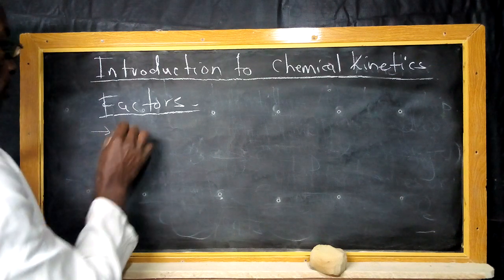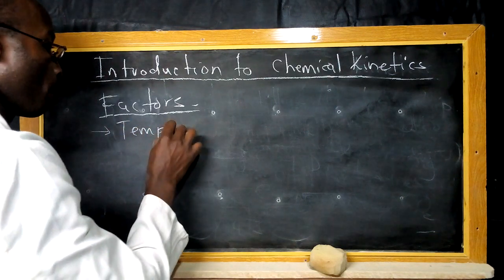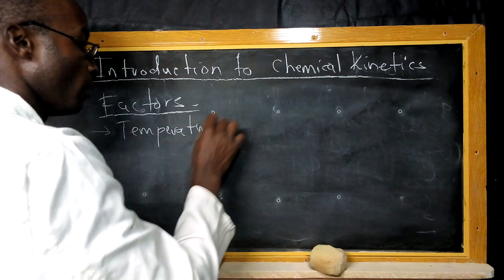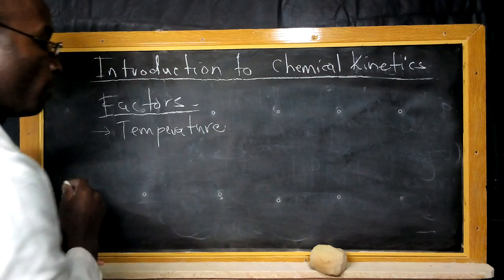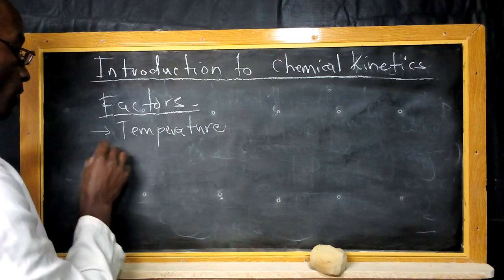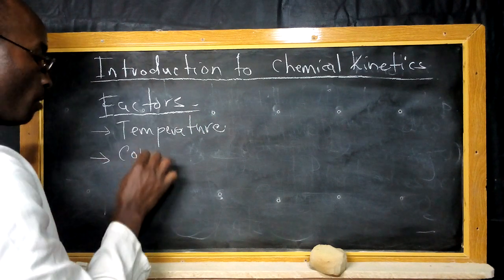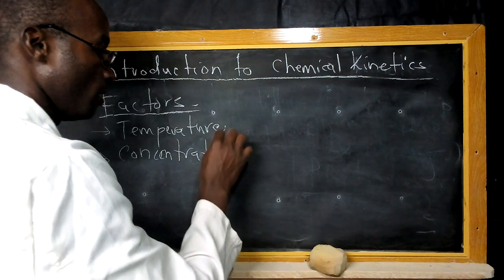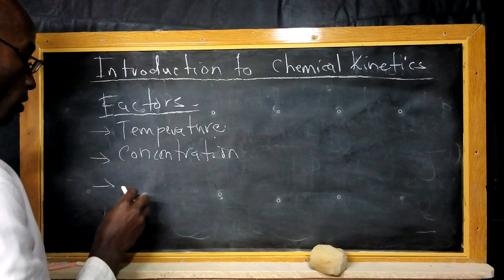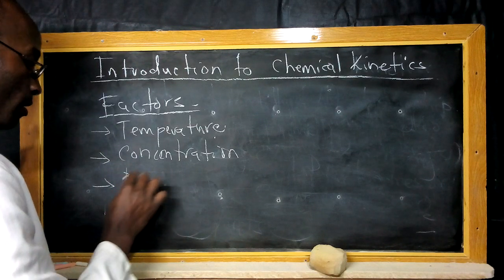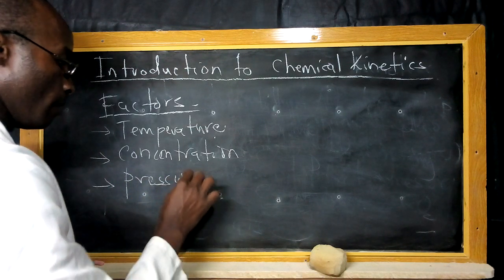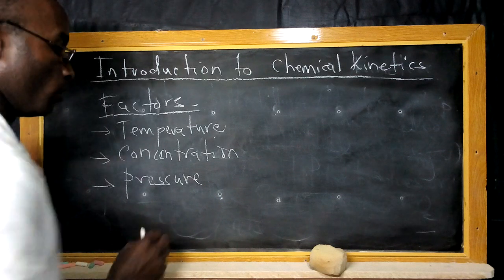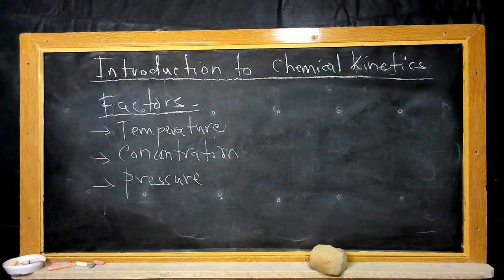Factor number one is temperature. A variation in temperature is going to affect the rate of reaction, and then we are going to talk about concentration. Now that we have defined what concentration is, in case there are gaseous reactants, we're going to talk about pressure, since it affects gases.